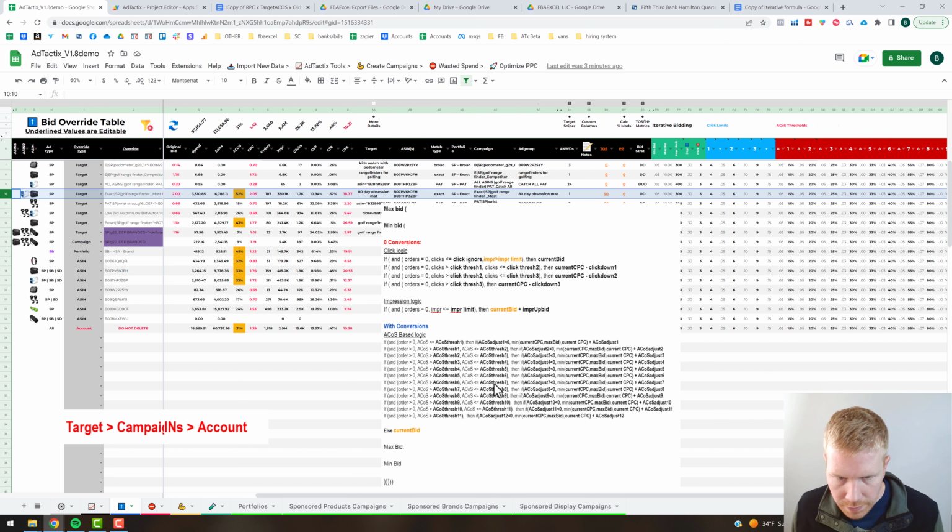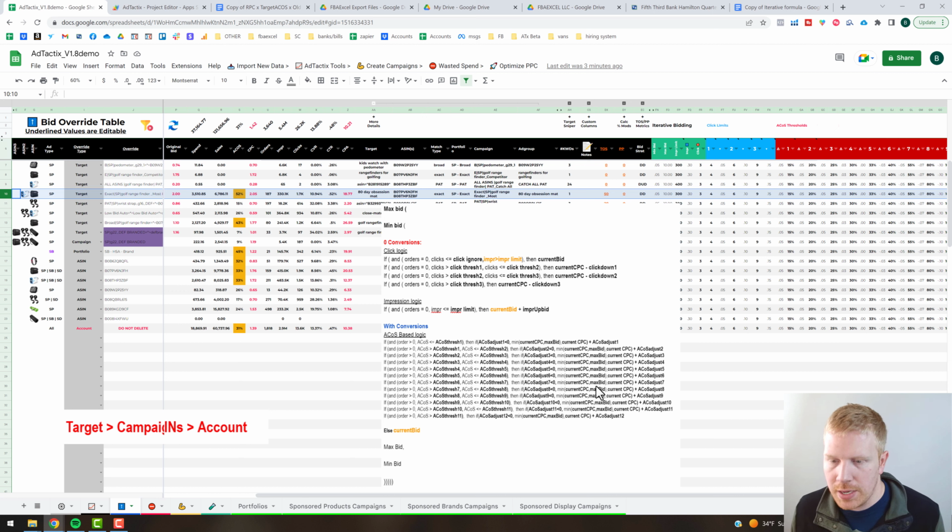So it's saying if you have orders and your ACoS is greater than the 6 threshold and less than the 7 threshold, then you're going to take your ACoS adjustment number 7, and you're going to say if that's less than 0, so if it's negative, then you're going to take the smaller of the current cost per click or the current bid.